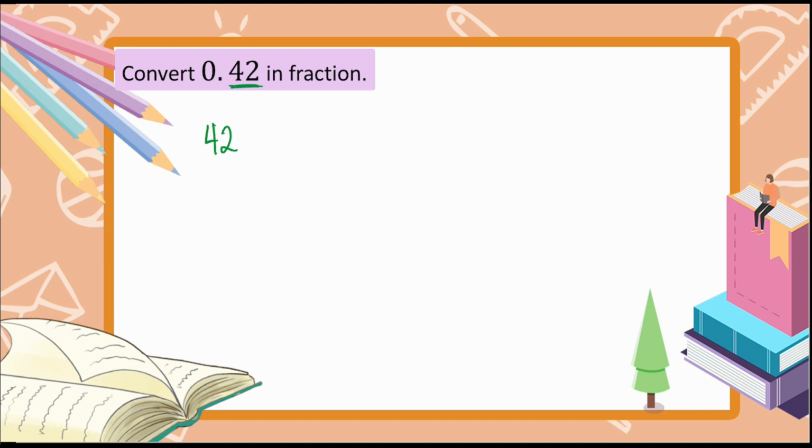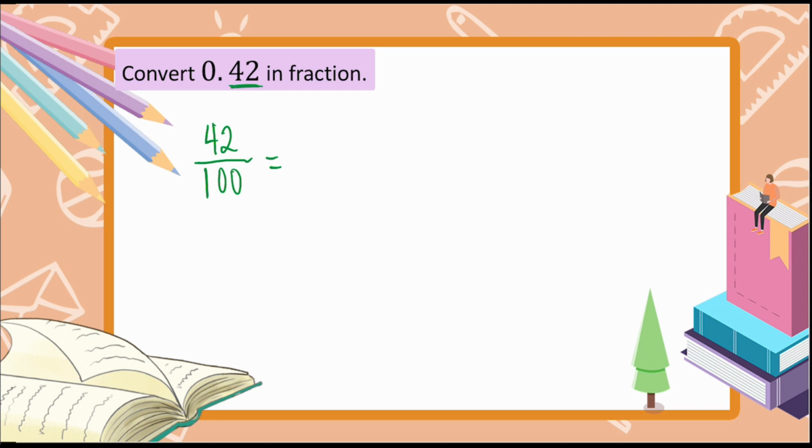So, 42. Over, ano po yung magiging denominator natin? So, since the decimals has only a digit of 2, dalawa lang yung digits niya, we will get the multiple of 10 na meron lamang dalawang 0. Bakit dalawang 0? Kasi dalawa nga lang yung digits niya. So, ano ba yung multiple ng 10 na merong dalawang 0? Okay, very good. 100. Okay?